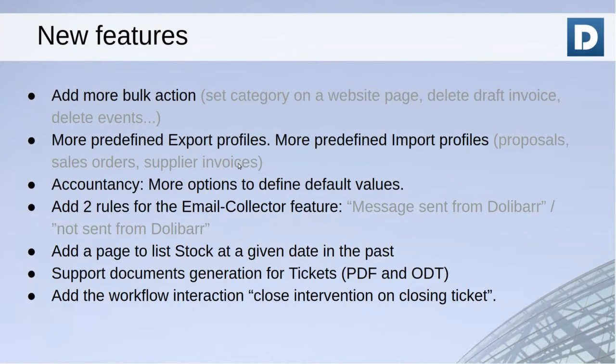So it means you have two profiles for each object, one profile to import, for example, the order, and another one to import the lines of the orders. So it is now possible to import all orders from a file by using these predefined import profiles.